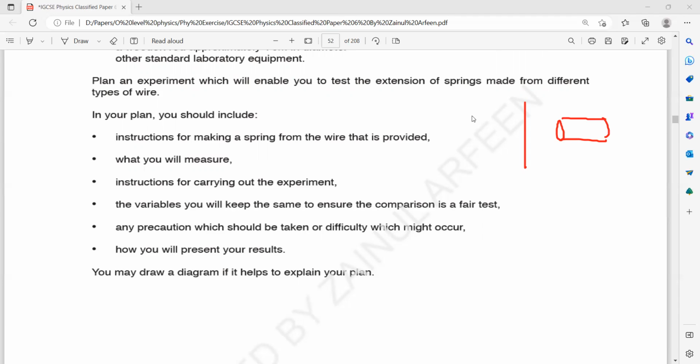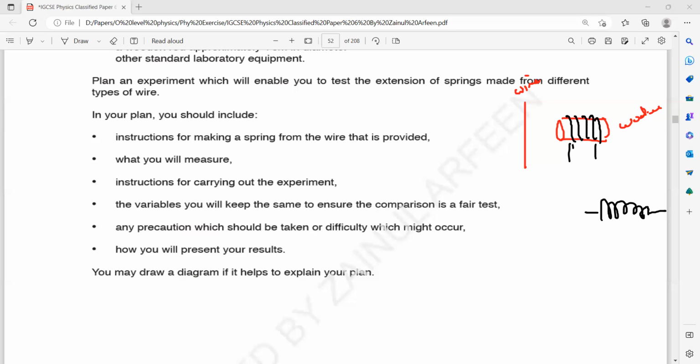So how can we make a spring using this? The spring can be made by winding the wire around the rod. If this is a wire and this one is a wooden rod and I want to make a spring, I will simply wind this wire around the wooden rod. When I wind the wire around the wooden rod and remove the rod, it will turn into a spring.